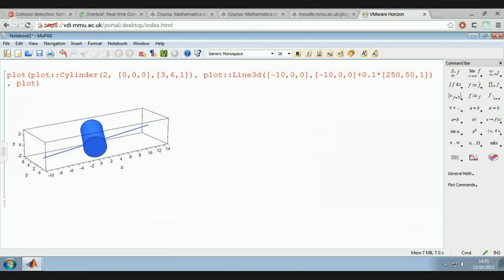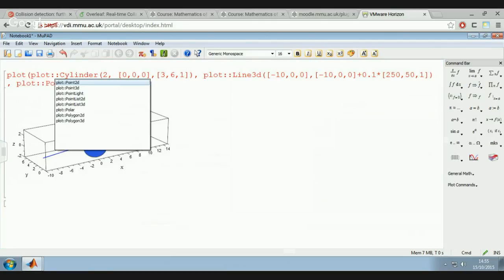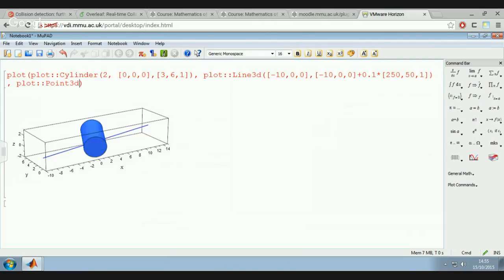So I can do plot 3D point, just give it some coordinates, and of course the coordinates, because I know the t value now, it'll be the starting point plus 0.0345, wasn't it, times the velocity vector, 250, 51.